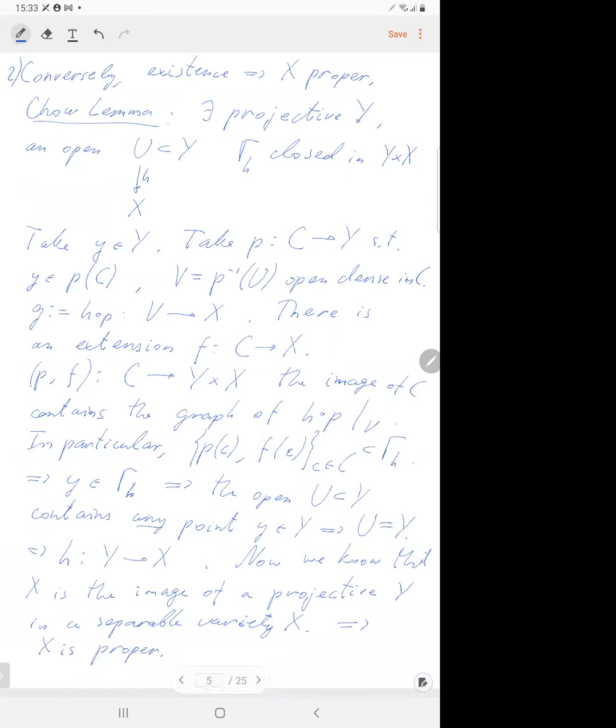Well, when we studied the notion of properness, it was one of the first basic claims that the image of a proper variety in a separable variety is necessarily proper itself. Okay.